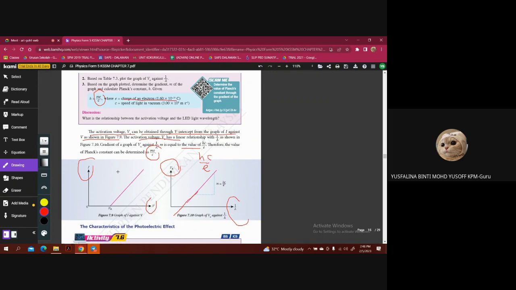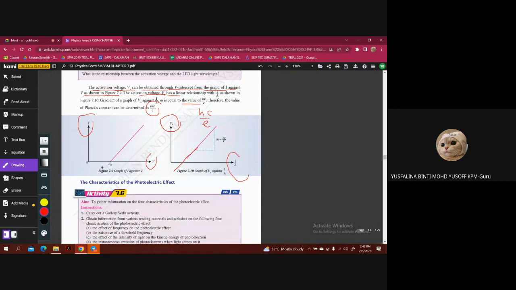So what you need to remember is actually the graph, of course. What type of graph? If we draw the I against V graph, what do you get? You get the intercept on the x-axis, which we call the activation voltage.